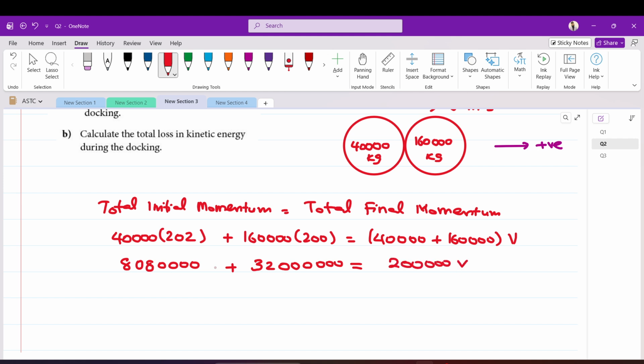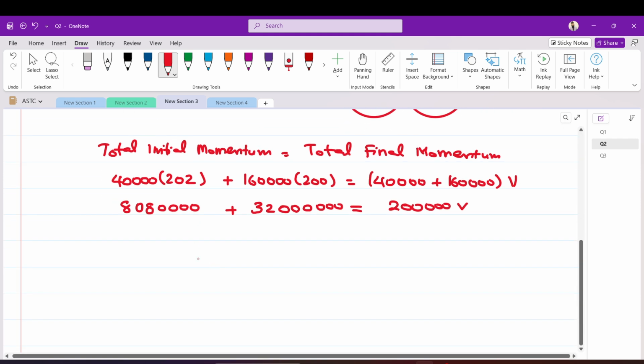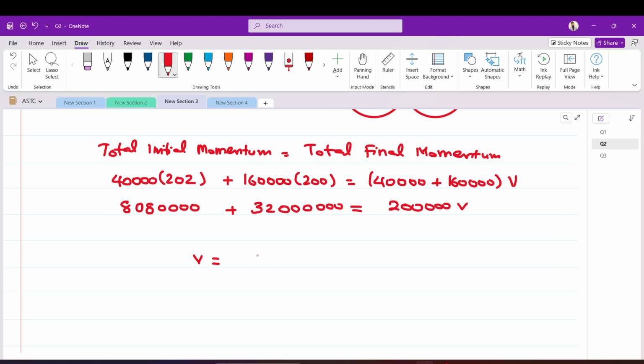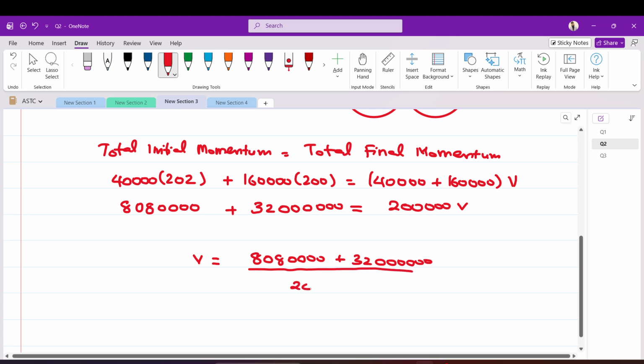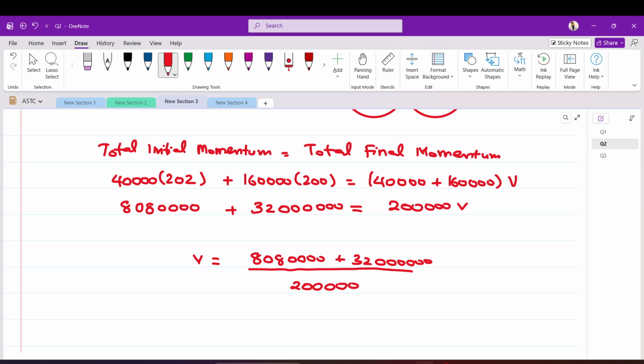Now, if I want to avoid typing everything into the calculator again and again, in a single step I can divide by 200,000. So now I can write them once in my calculator.